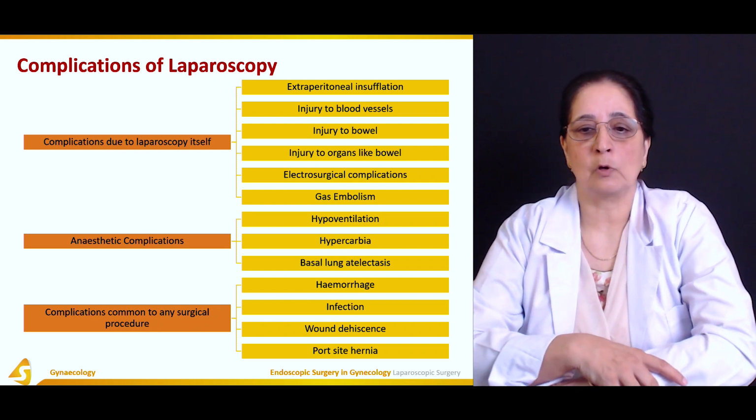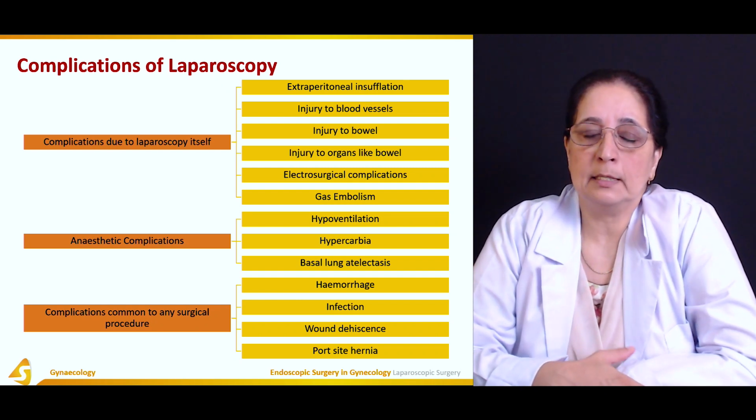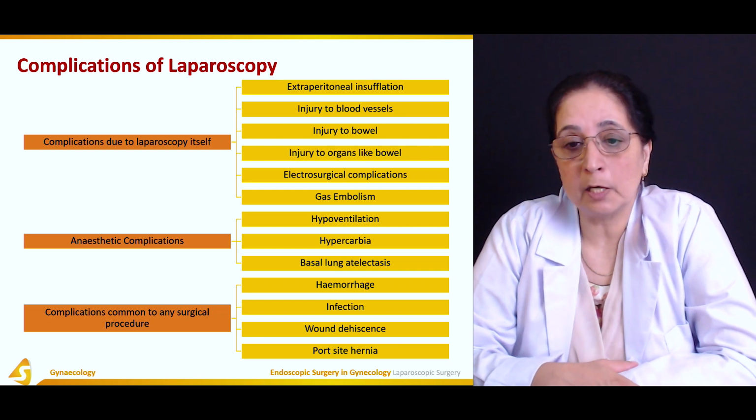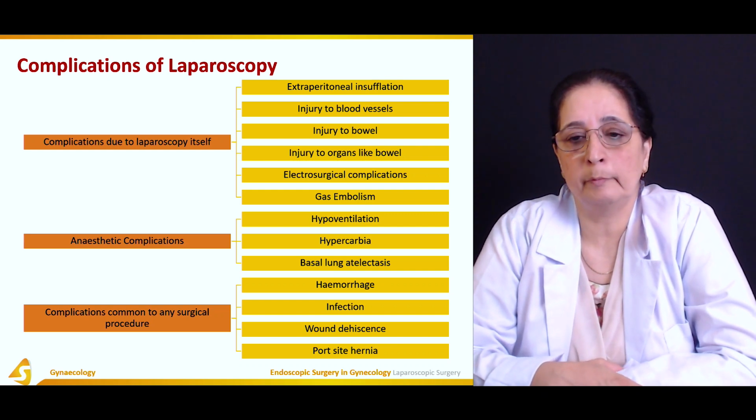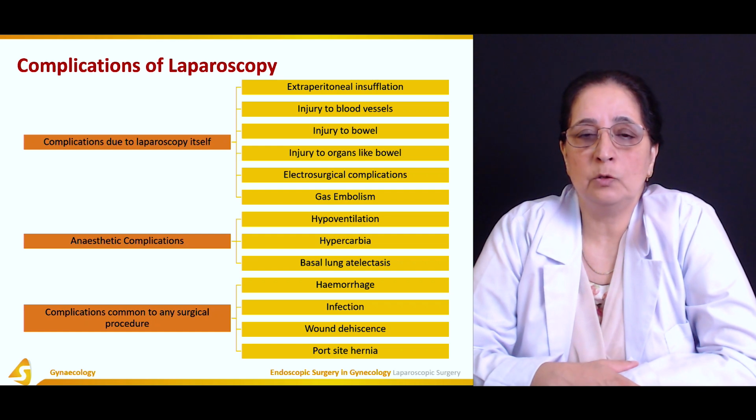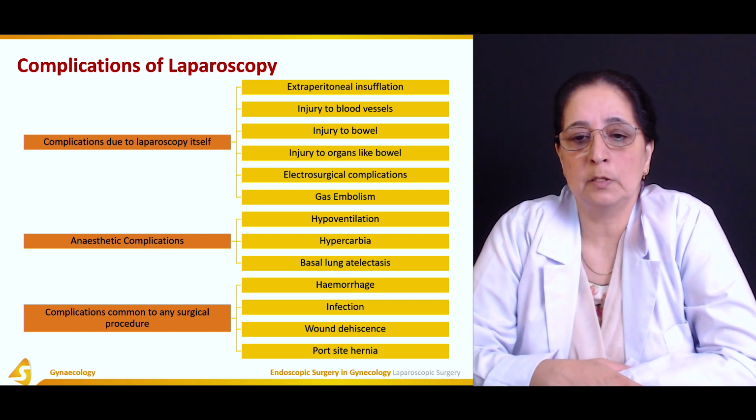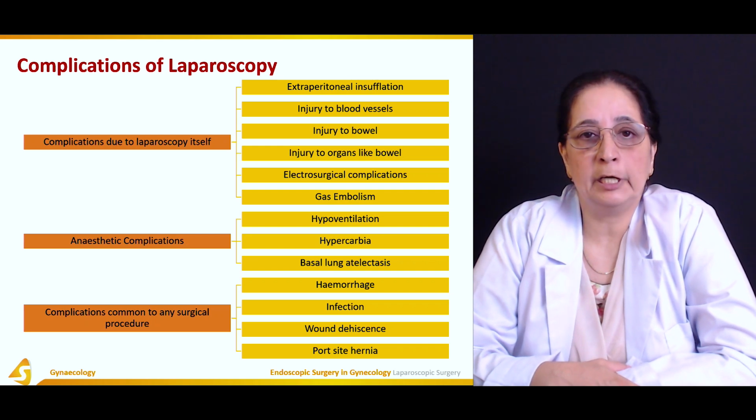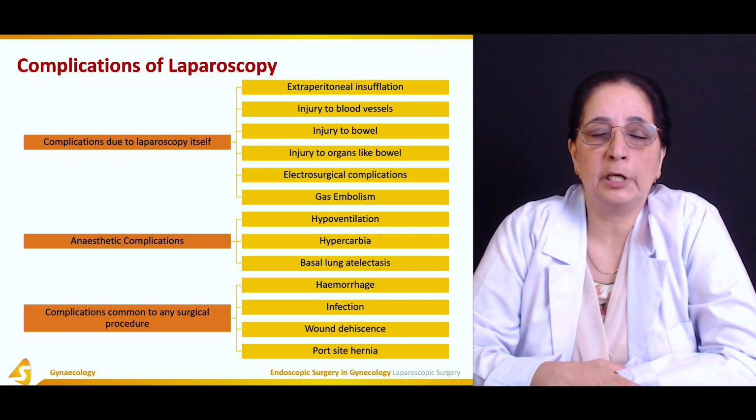Complications due to laparoscopy itself: there can be injury to blood vessels, injury to bowel, injury to other organs besides bowel, and electrosurgical complications, gas embolism. All these are complications of laparoscopy itself.